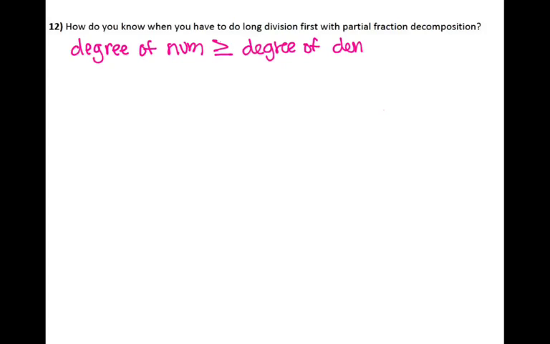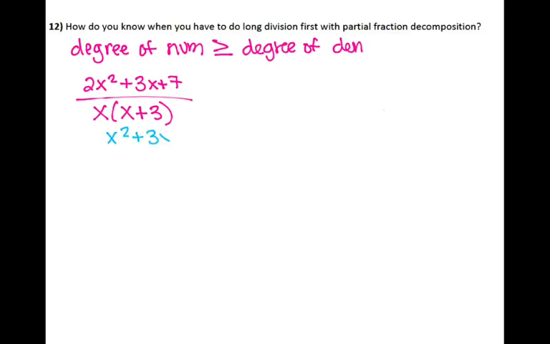So here's a few examples. Let's say I had 2x squared plus 3x plus 7 over x times x plus 3. Now my denominator is already factored, but if I were to distribute that x into here, that would give me x squared plus 3x, and my degrees are equal because they both have a degree of 2.